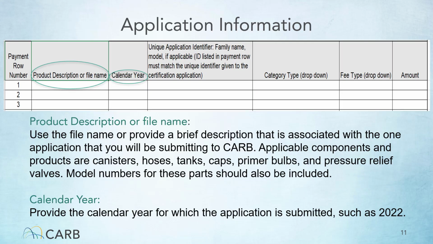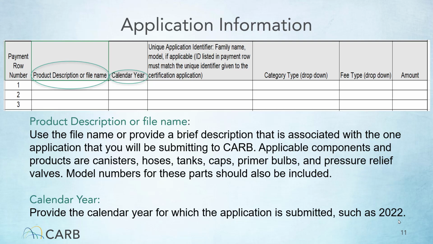Under Product Description or File Name, use the file name or a brief description that is associated with the one application that you will be submitting to CARB for certification. For example, in the second column, the product description could list the emission control component such as canister, hose, tank, cap, or primer bulb along with the component model number.